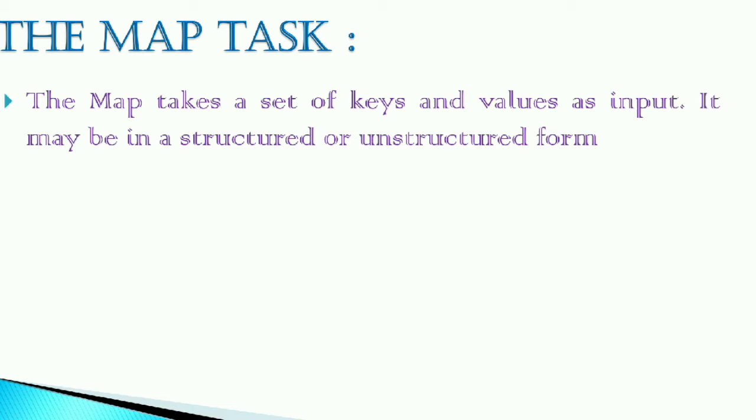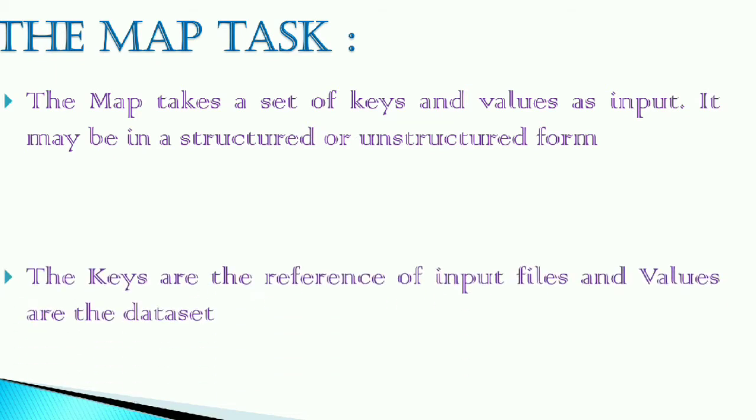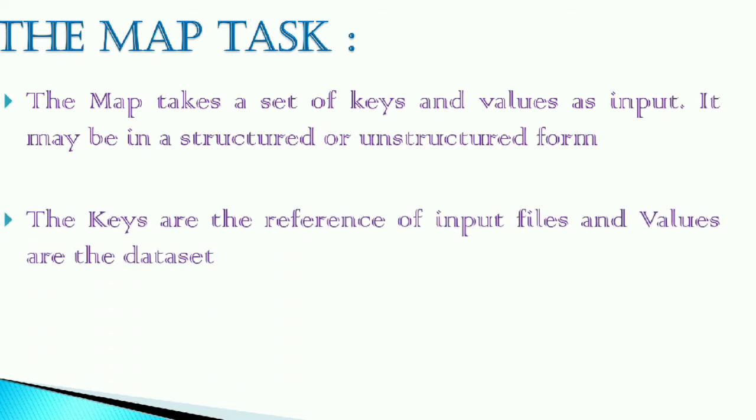Structured means a database table having rows and columns, and unstructured means text files, PDFs, or images or videos. The keys are the reference of input files and values are the data set.